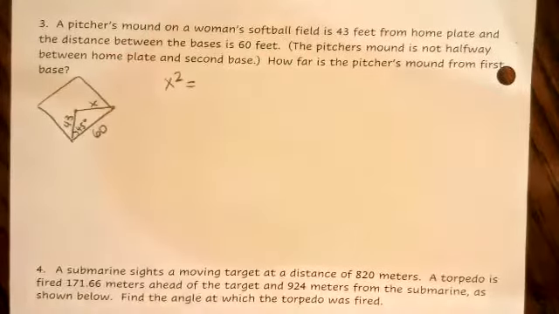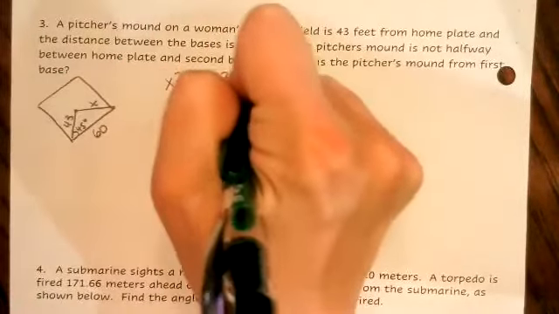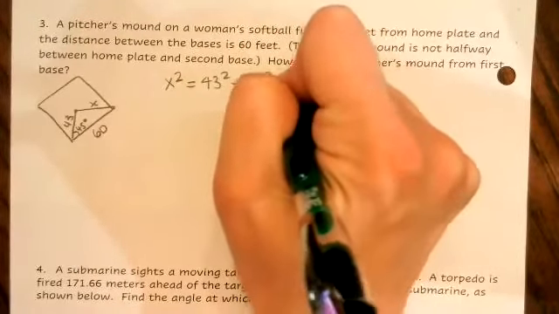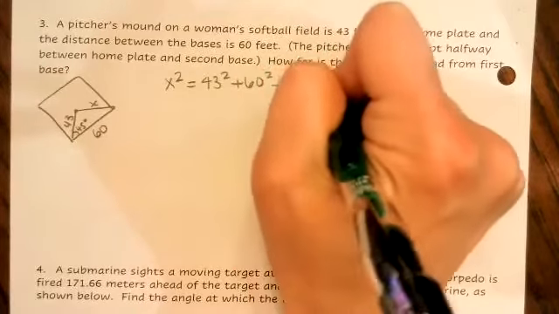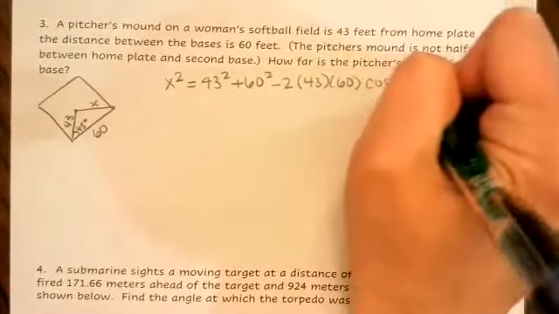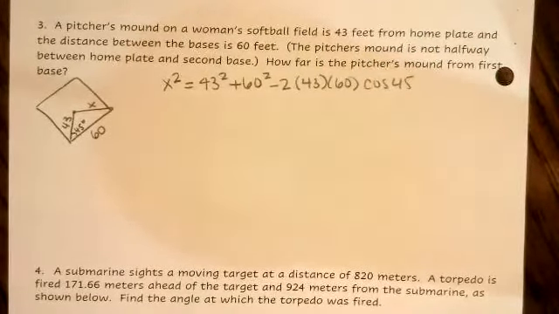So I get x squared is equal to 43 squared plus 60 squared minus 2 times 43 times 60 times the cosine of 45. That's what's going to get me our distance there. All I had to do was straight plug in my two sides and my angle that was included there.